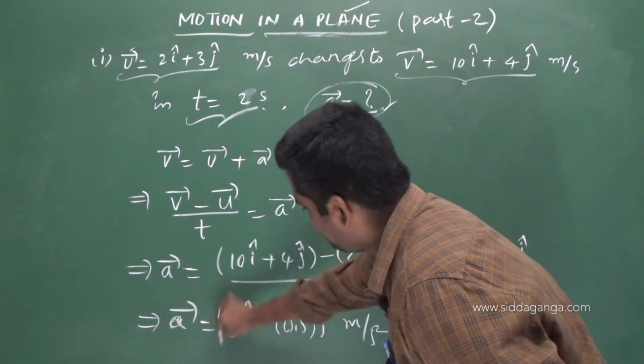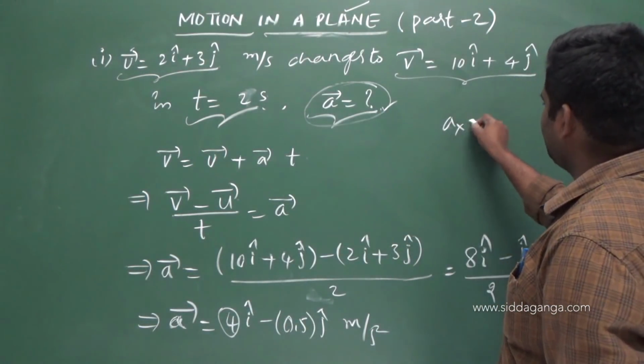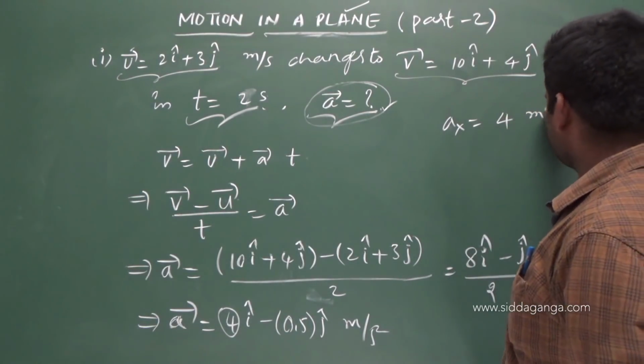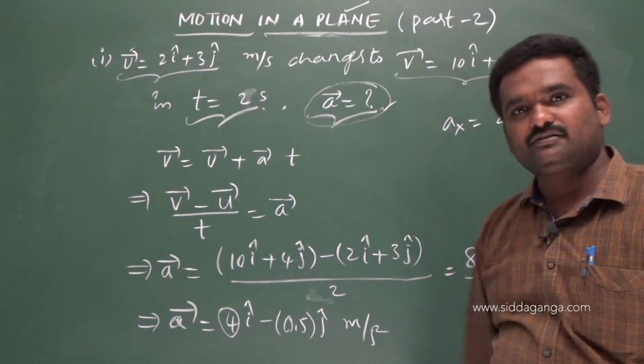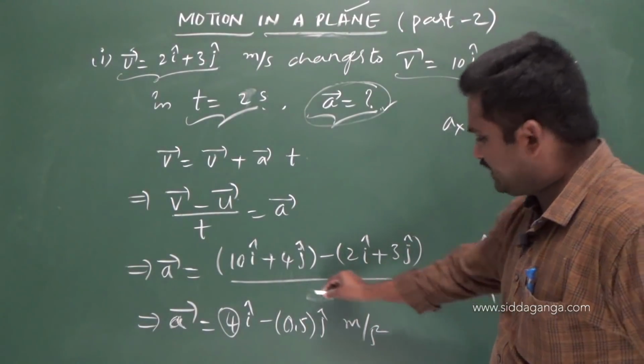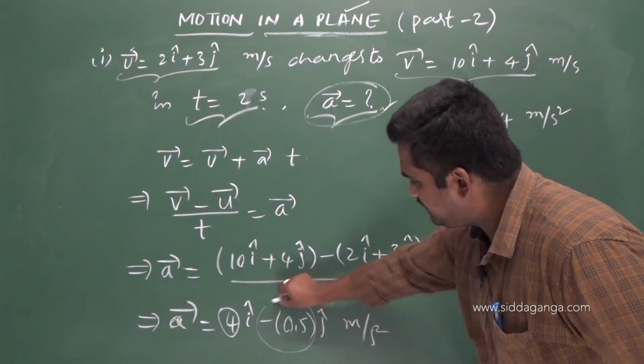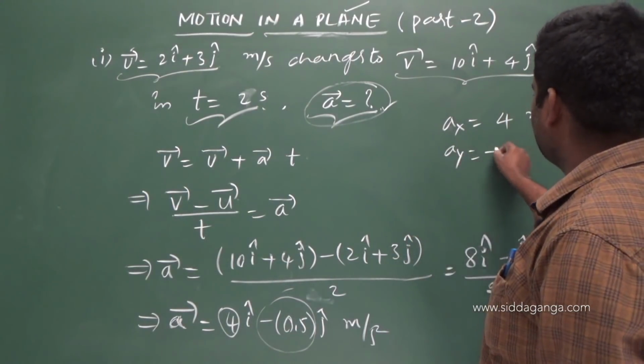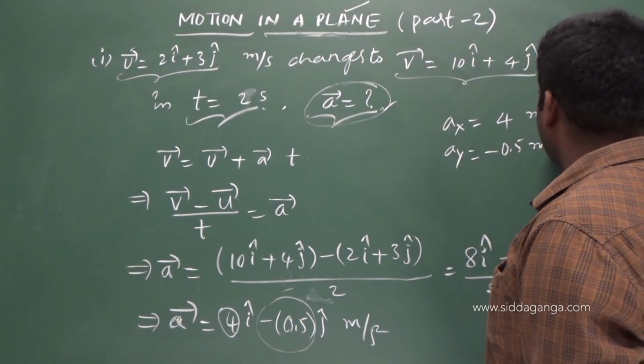We got 4. Ax, the x component of acceleration, is 4 meter per second square. What is the y component of acceleration? Minus 0.5. The y component of acceleration is minus 0.5 meter per second square.